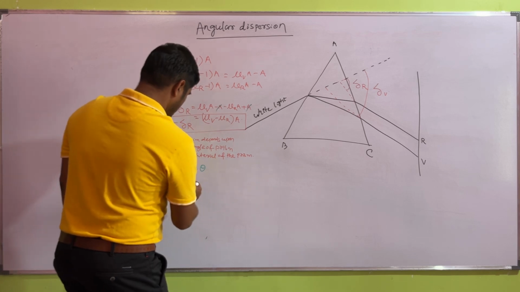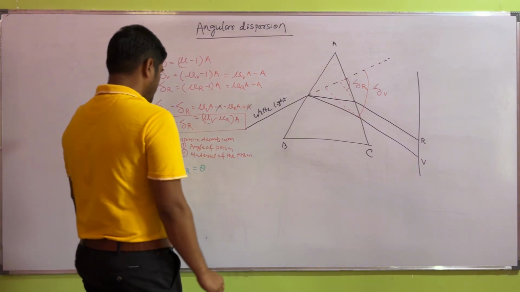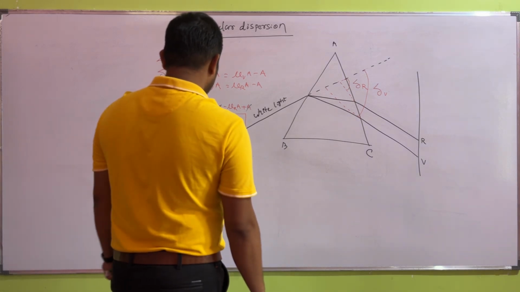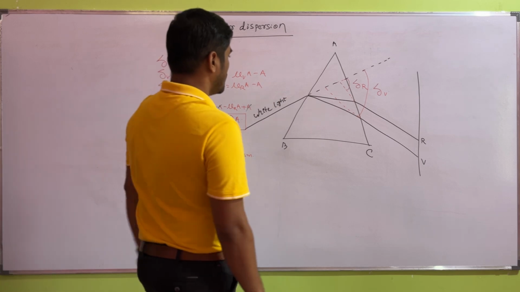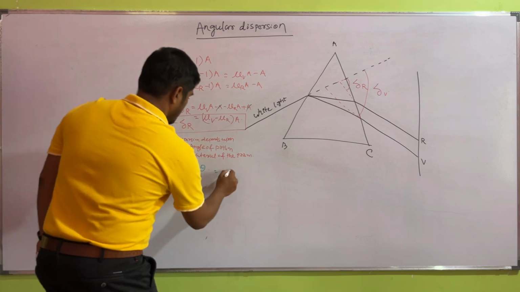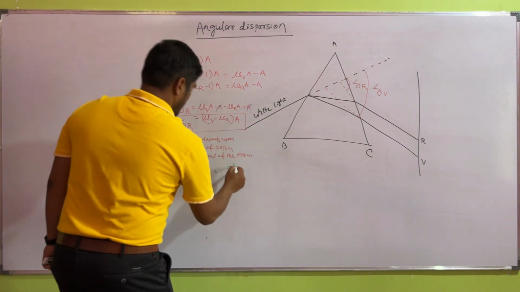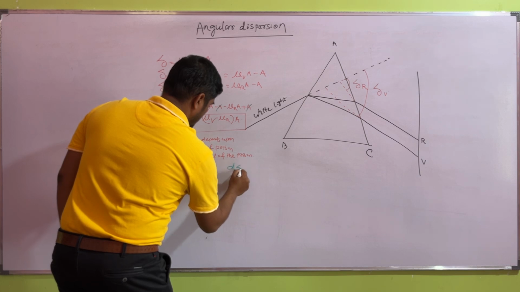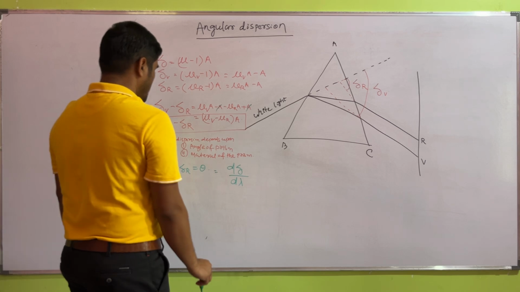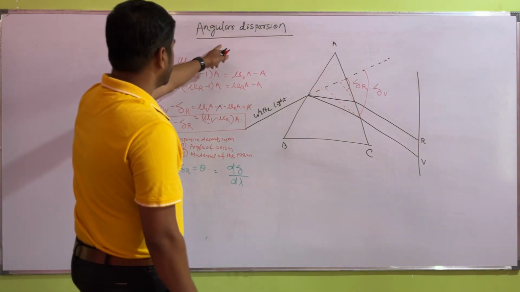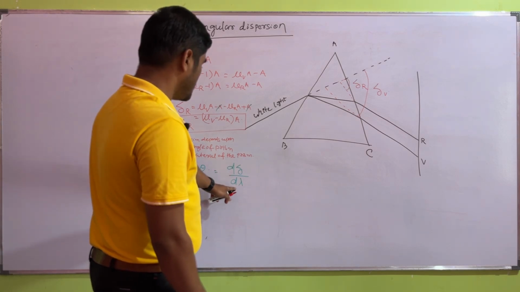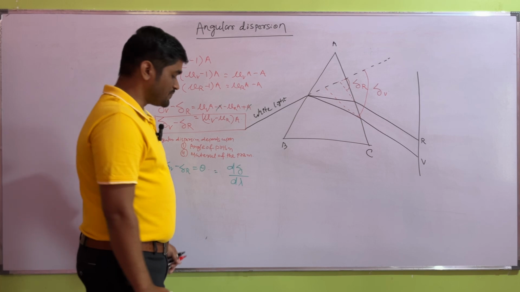So it is defined as the ratio of the change in angular deviation divided by wavelength. This is another formula for angular dispersion, the change in angle of deviation with wavelength lambda.